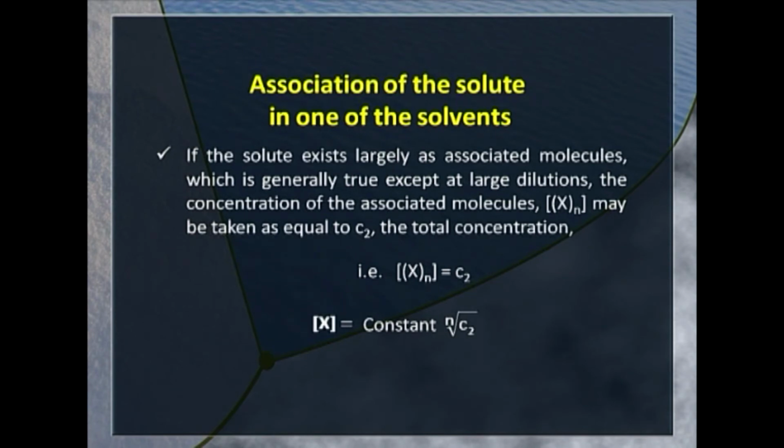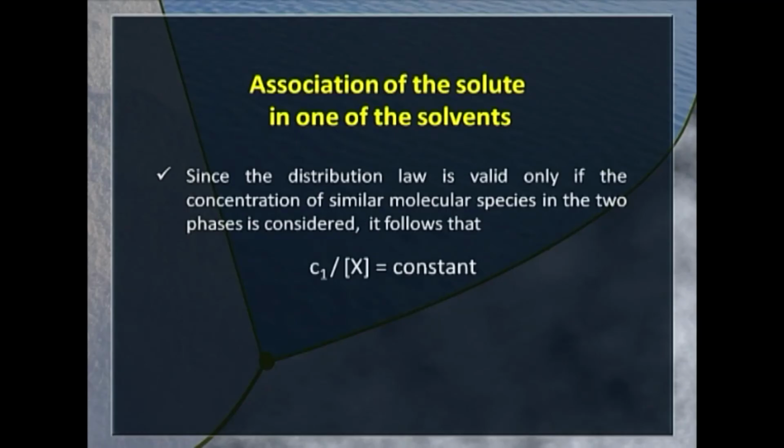C2. Since the distribution law is valid only if the concentration of similar molecular species in the two phases is considered, it follows that C1 upon concentration of X, that is given as earlier, is equal to constant.